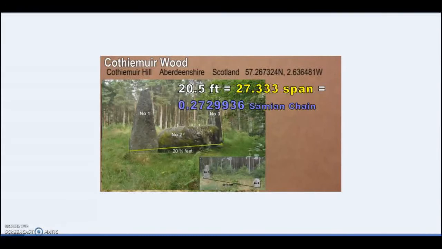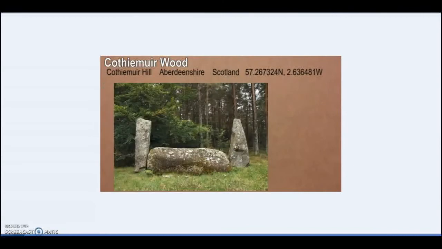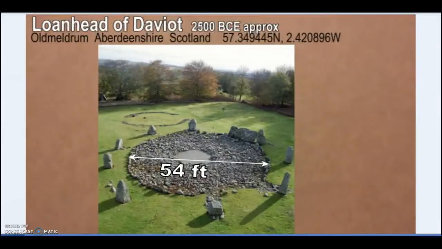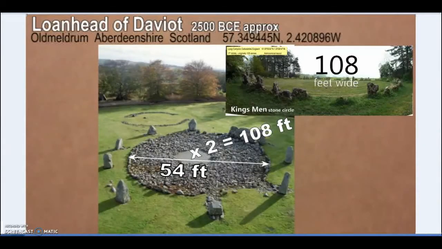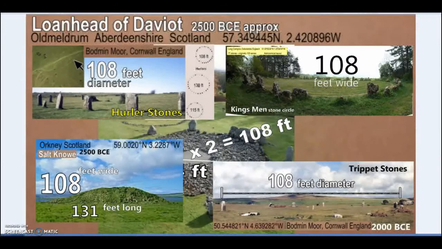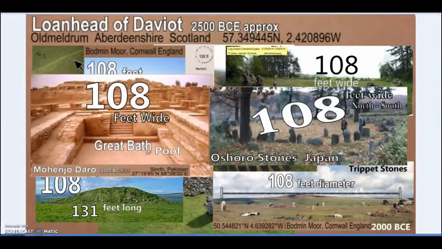And we know that, for instance, Lanyhead of Davyat is a moon observatory amongst other things, and of course it's 100. And I'm going to get back to these because I don't think I ever mentioned it. There's Grey Weathers.